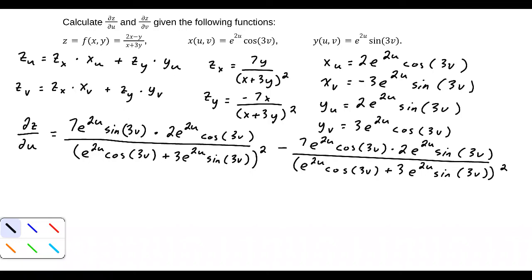Now, with some algebra, because both terms have the same denominator, you might notice that these are the exact same numerator, written in a different order, and we're subtracting them. So the partial of z with respect to u is equal to 0.